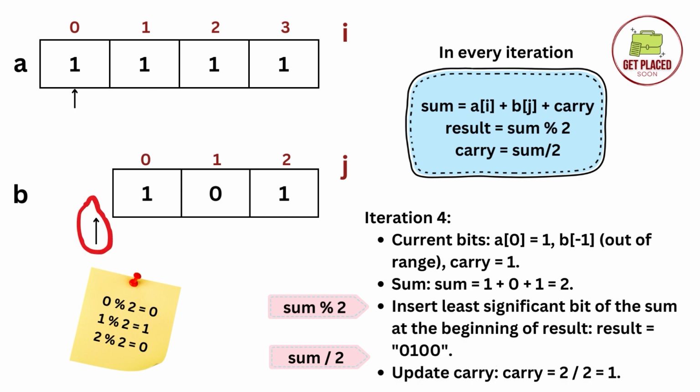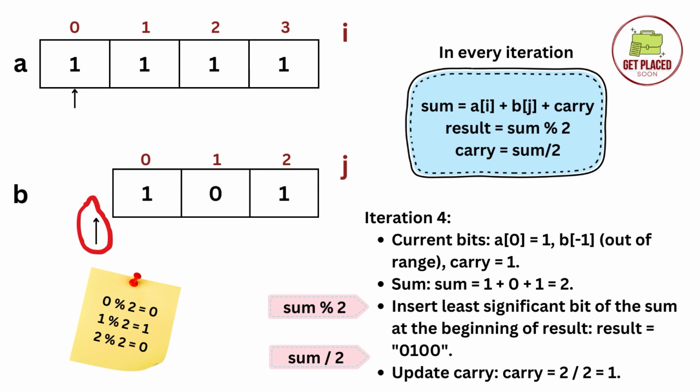Now for the next iteration, you can see the arrows, you can see the indexing. For the current values, for string A, I is equal to 0, and for B, J is equal to minus 1, that is out of range. So B's value is 0, carry is equal to 1, and A of 0 is equal to 1.